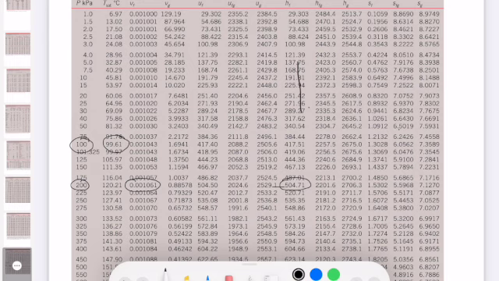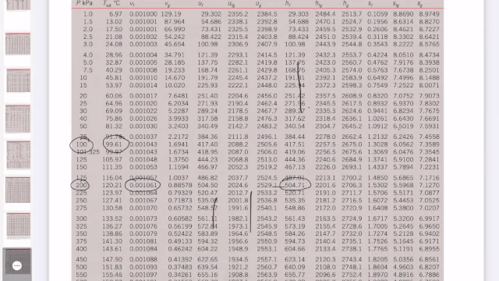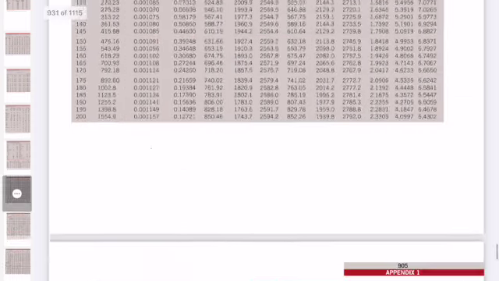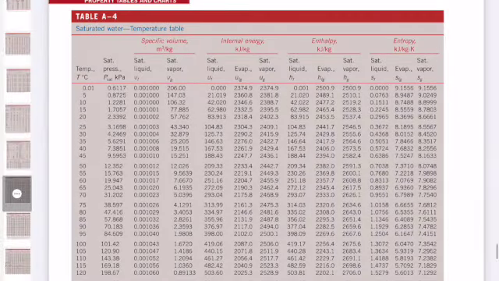It is below the saturation point, so therefore you need to stay in the same table and read specific volume for VF. From here at that temperature we need to go to the other table, right? The temperature table. Now we need to locate our temperature, which is 30 degrees Celsius.